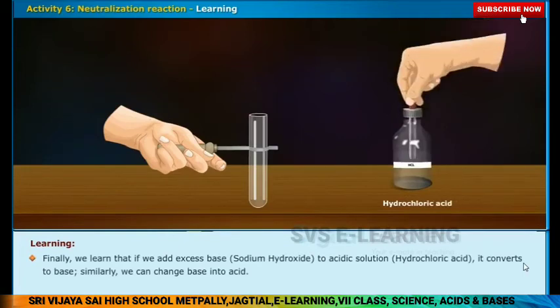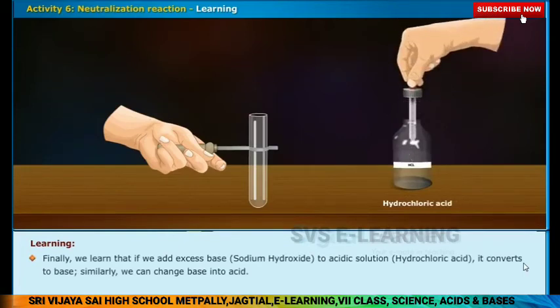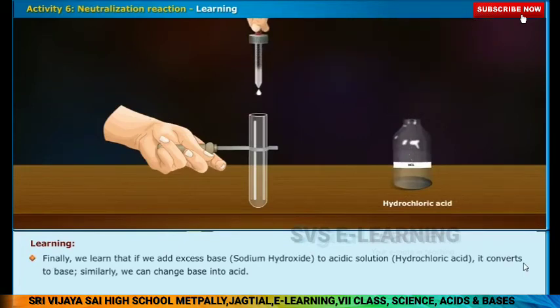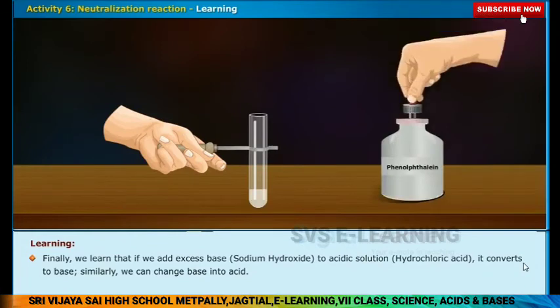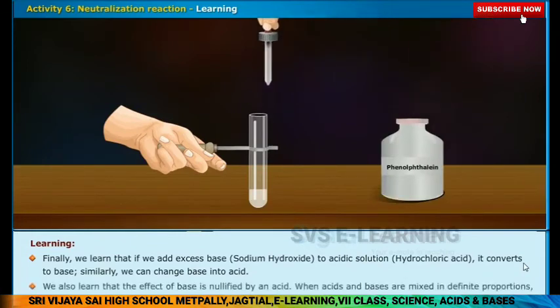Finally, we learned that if we add excess base, that is sodium hydroxide, to acidic solution, that is hydrochloric acid, it converts to base. Similarly, we can change base into acid. We also learned that the effect of base is nullified by an acid.